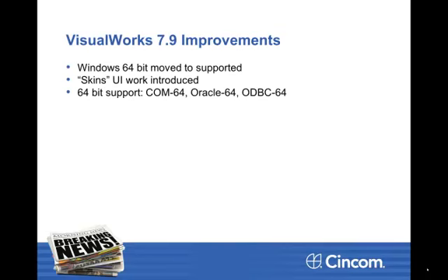Some things that are improvements just for VisualWorks 7.9 is that we've moved our Windows 64-bit support to a supported status. And 64-bit, most applications are 32-bit, a number are moving to 64. The biggest advantage of 64-bit is that it gives you a much larger object space.